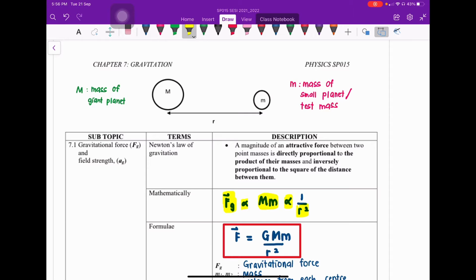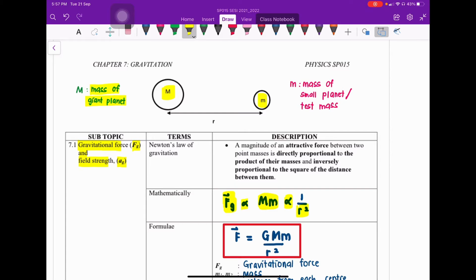Alright, so now for 7.1, gravitational force, the symbol is Fg, and the field strength, the symbol is Ag. Now, we need to know the difference between capital M and small m. Capital M refers to the mass of a giant planet, such as Earth or Sun.